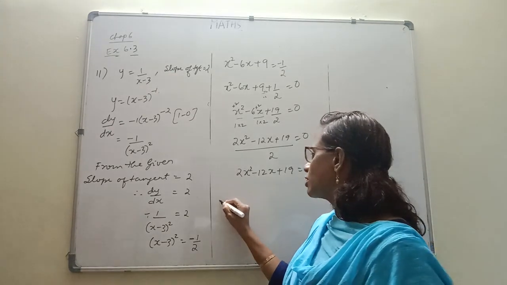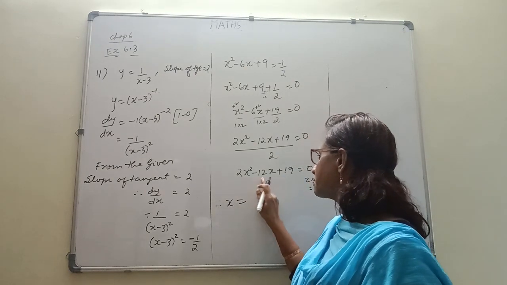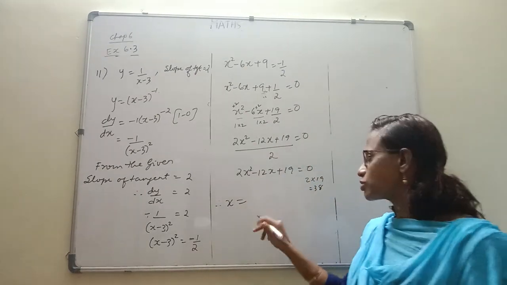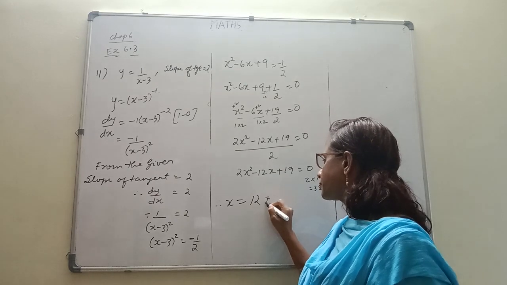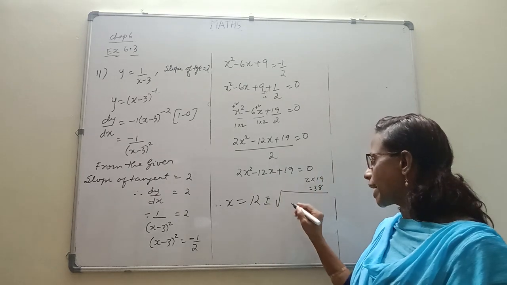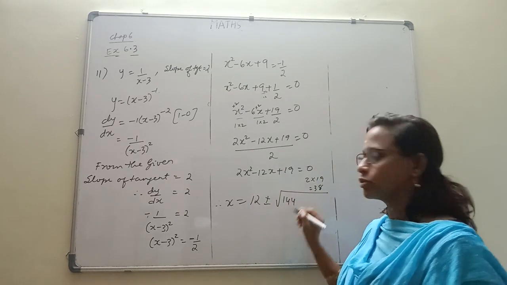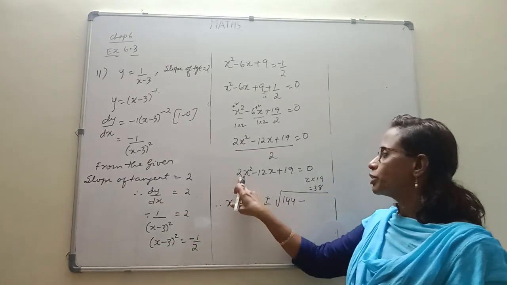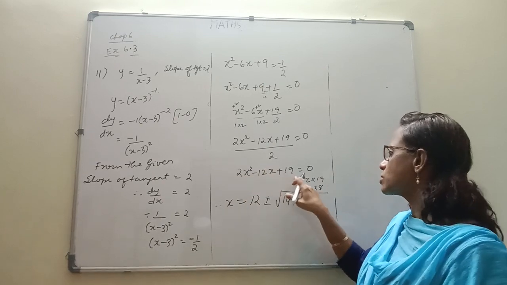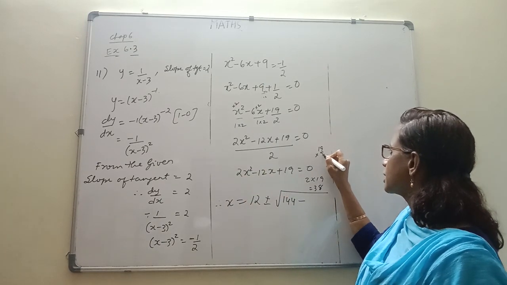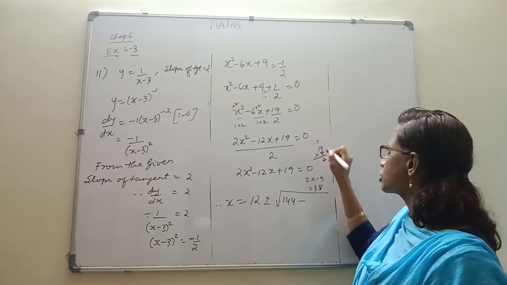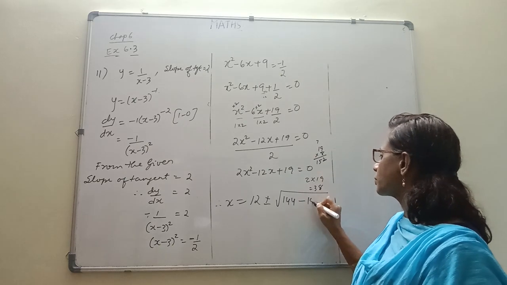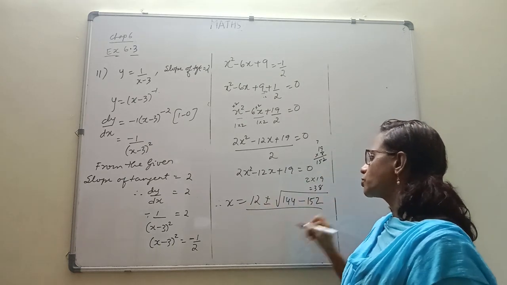So let's take that. So what's our value of x? Minus b. B itself is minus 12. So minus b is 12. Root of b squared. B squared is 144, 12 squared, minus 4ac. 4 into 2, 8, 8 into 19. 9 8s are 72, 152, by 2a. 2a is 4.